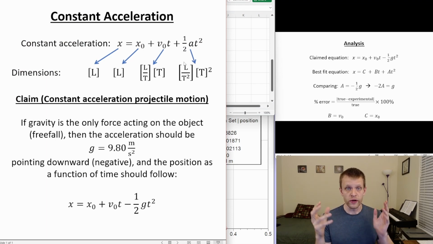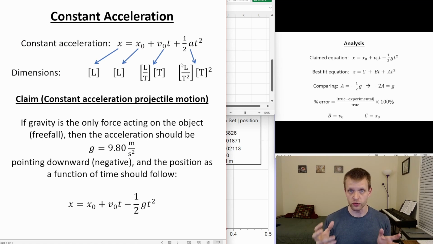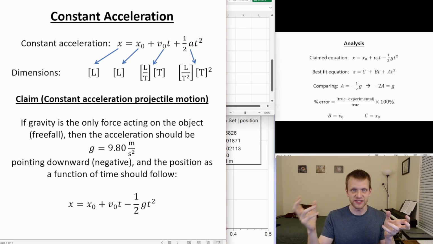Otherwise, we're going to be trying to add or subtract and compare units that are not commensurate with each other. Saying things like, this many meters equals this many seconds, or this many kilograms equals this many newtons, or something like that.